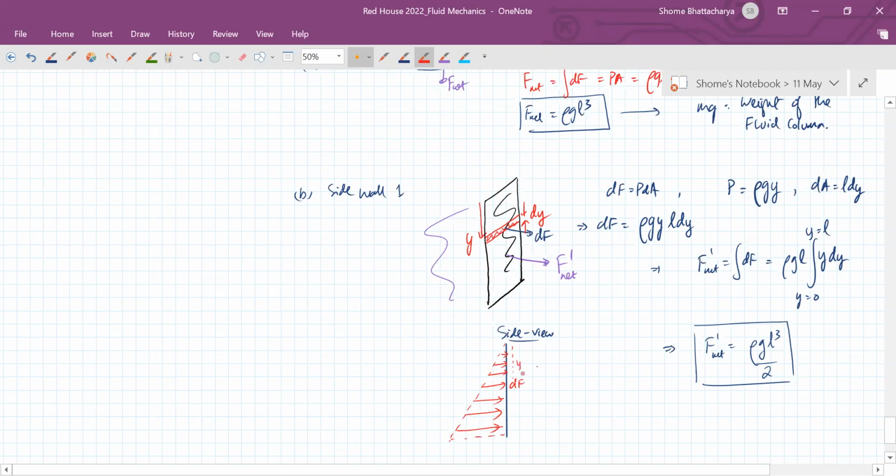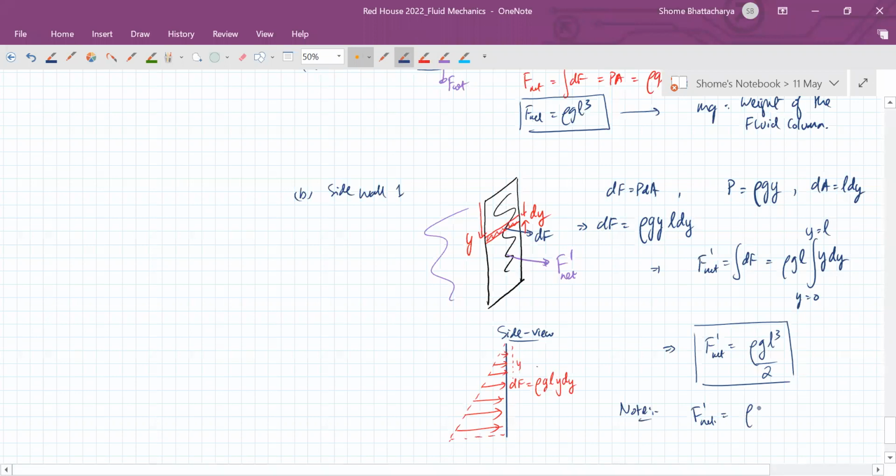So at a depth of y, so you can also see it as an interpretation.